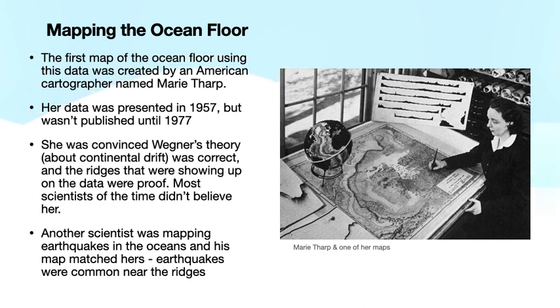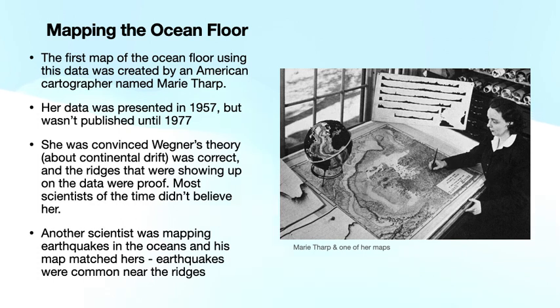So the first map of the ocean floor using this data was created by an American cartographer named Marie Tharp. Her data was presented in 1957, but it wasn't published until 1977. She was convinced that Wegener's theory, the one about continental drift, remember, was correct, and that the ridges that were showing up on the data were proof of this.